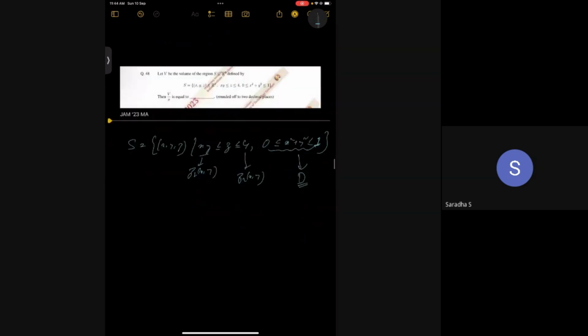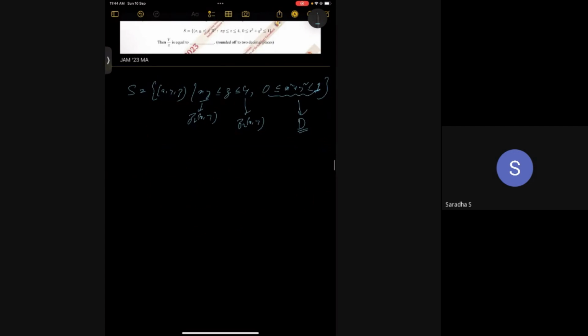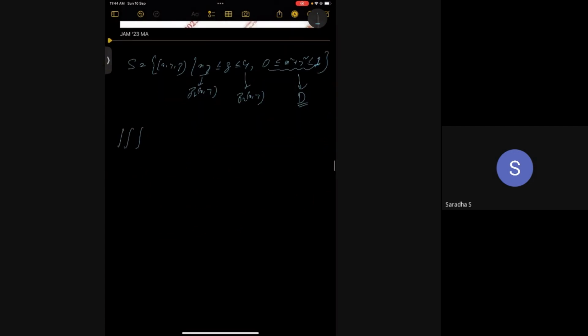So if we want to find the volume of this, it is nothing but by our usual formula, the triple integral of dV over the entire solid. Again, I'll write dx, dy, dz. I'll write the dz first because we are given a bound for z, right?